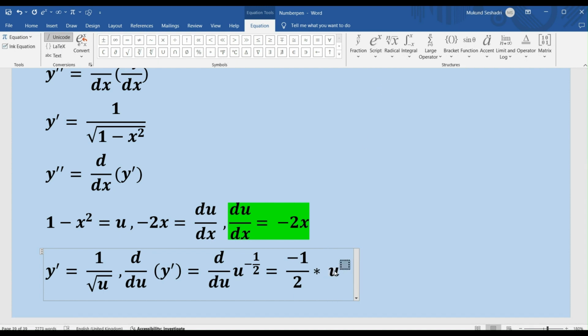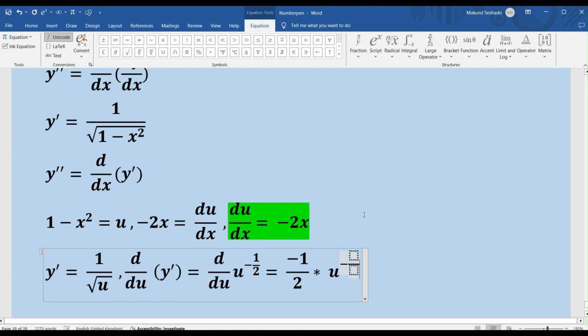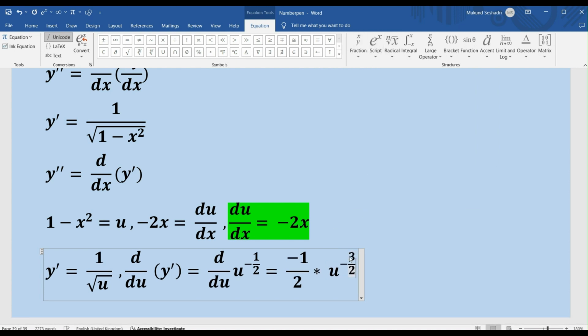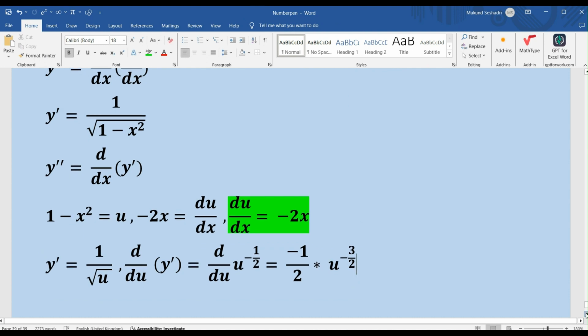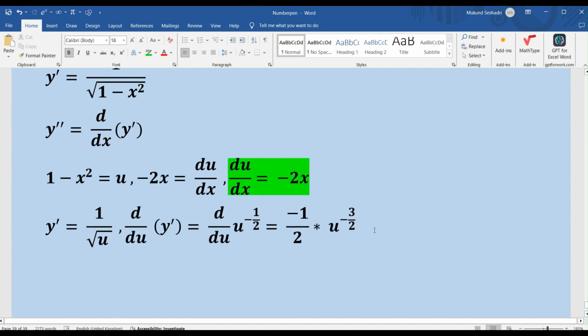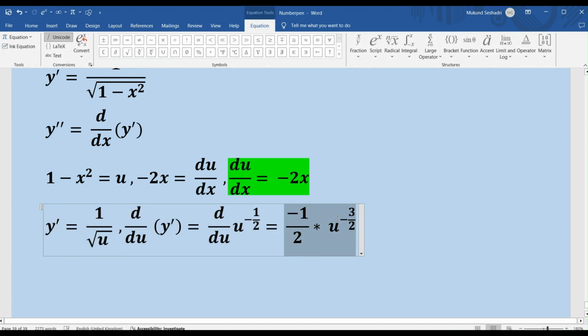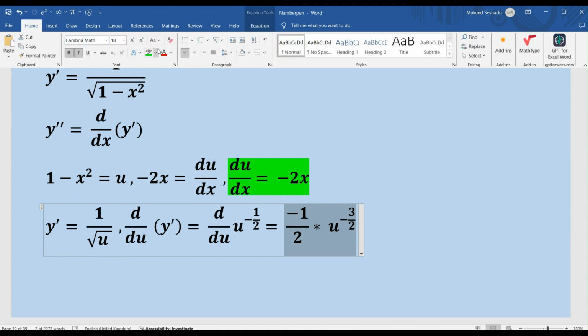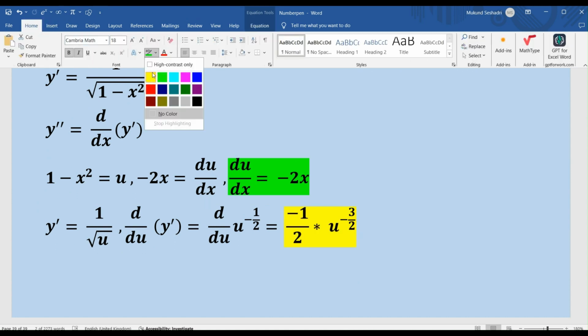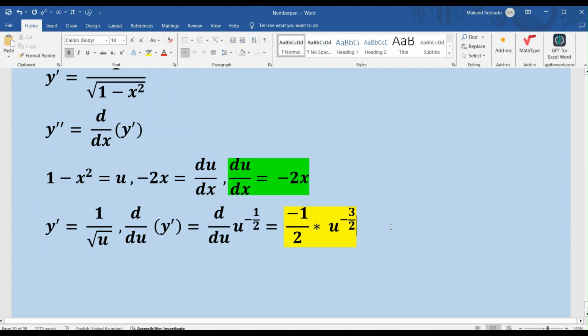Which makes it u to the power minus 3 by 2, right? So this is what I have with respect to my d by du of y dashed, right? So let us highlight this in, say, another color, say yellow. So this is what I have when it comes to d by du of y dashed.